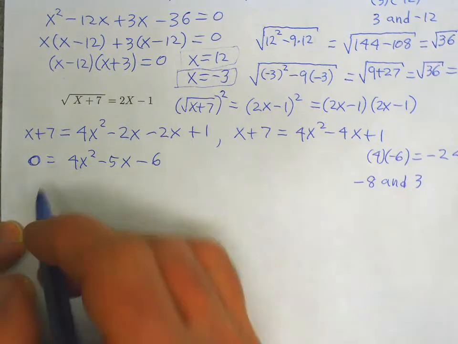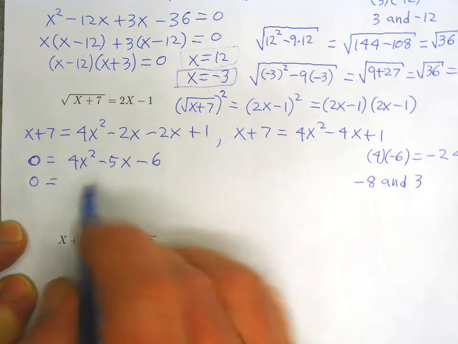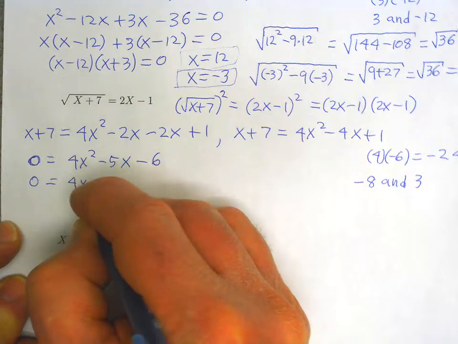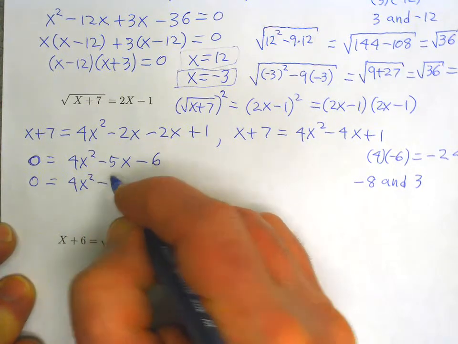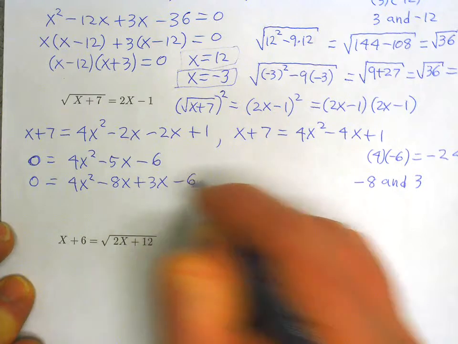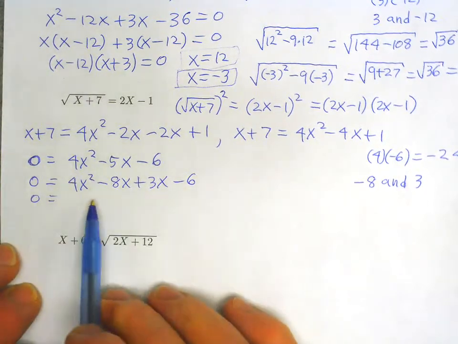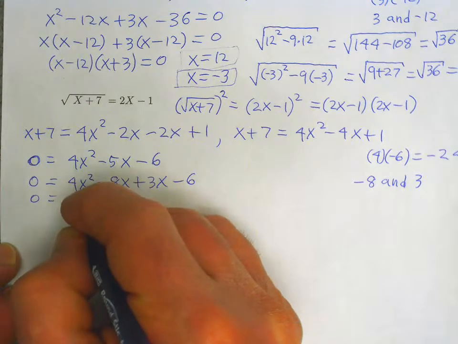So we'll go ahead and complete the factoring. We'll replace the minus 5x by minus 8x plus 3x. And then we factor by grouping. Out of the first two terms, we can factor out 4x.